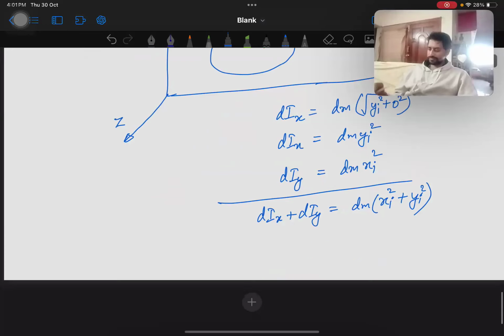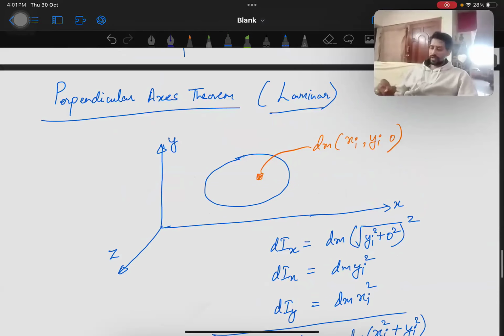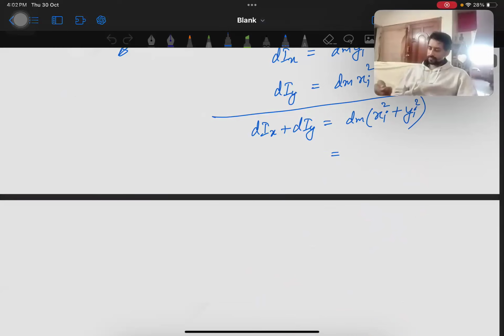Fine. But what is xi square plus yi square? It is the distance from the origin, and if this is in one plane, it means it's the distance from the z-axis also. Fine. So therefore, it simply becomes the value of dIz. So dIx plus dIy is dIz.